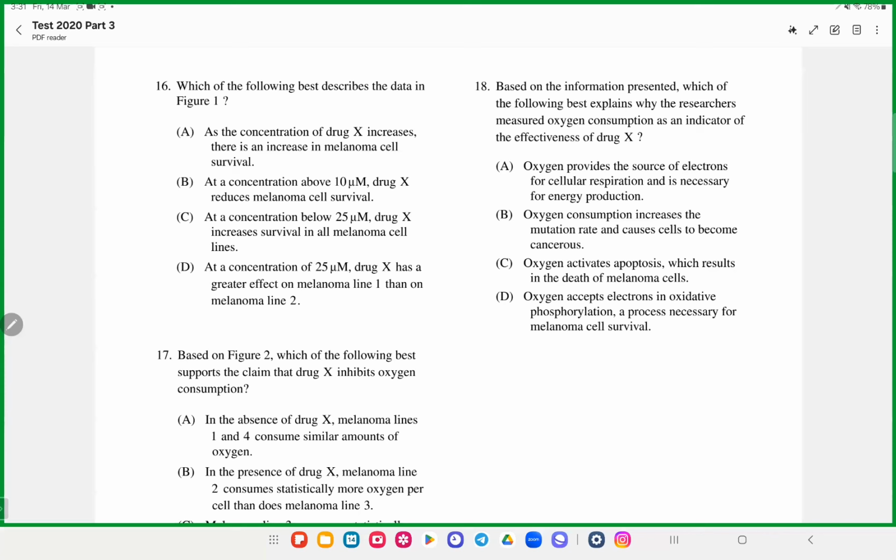Let's see. They consume less oxygen when there's drug X. Let's see. Cell 3. So, you must always compare the cell to itself with the solvent versus with the drug and solvent. Okay?